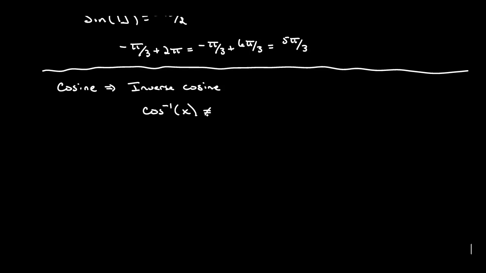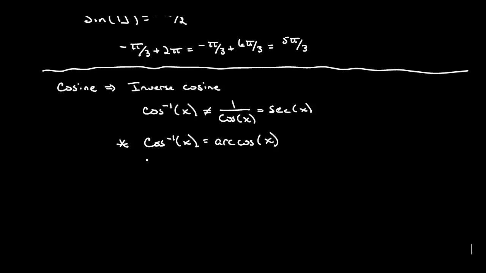It is not equal to 1 over the cosine, which would be secant. Instead, it is equal to arc cosine. This is important to remember.